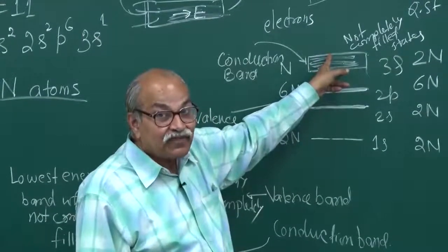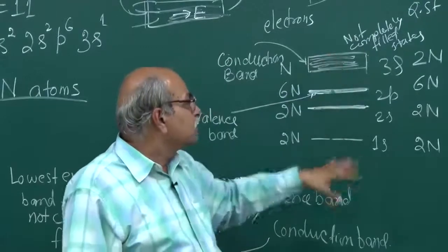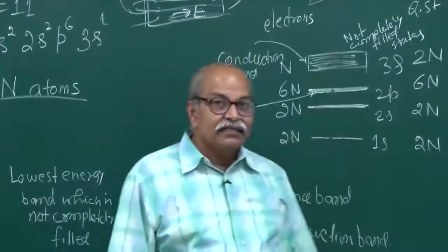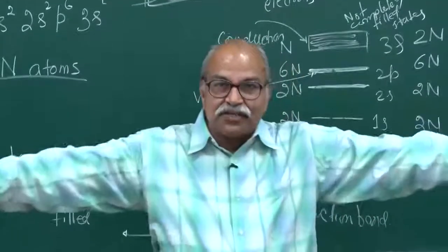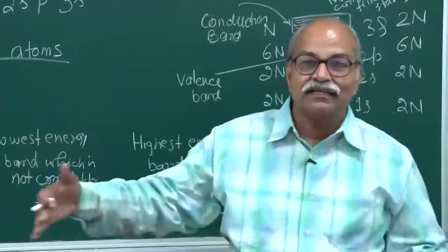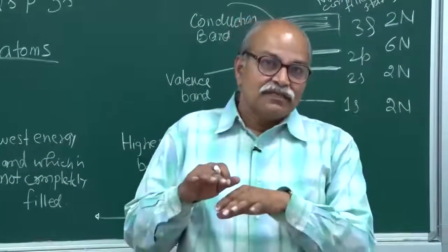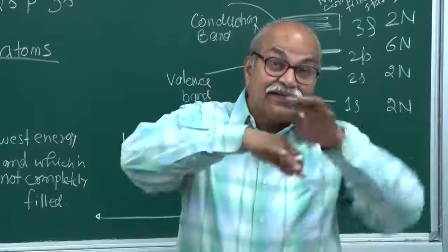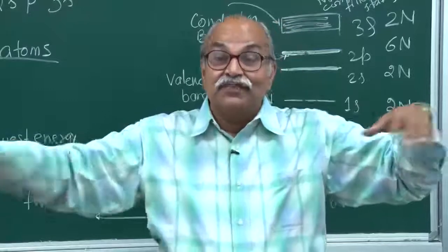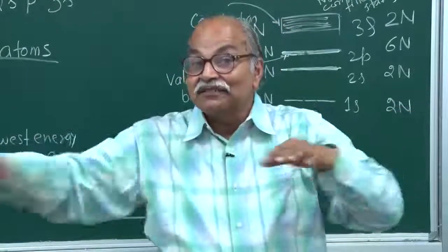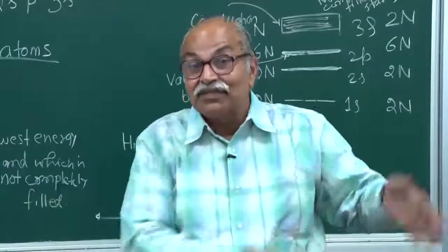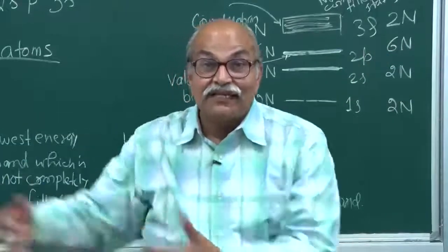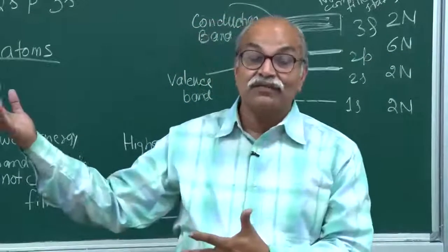And remember, these states that I am writing are for the entire periodic potential, the entire crystal. So if an electron occupies that particular state, its wave function is now spread over that entire area. That means the electron can be found anywhere and can go across the whole solid.